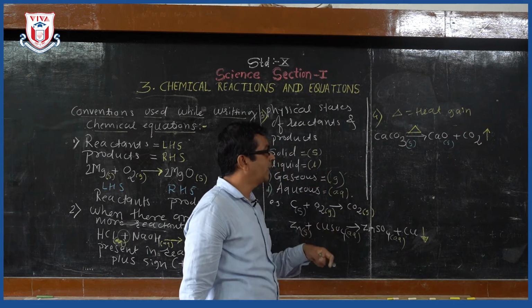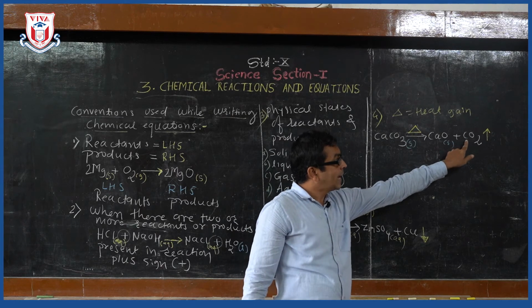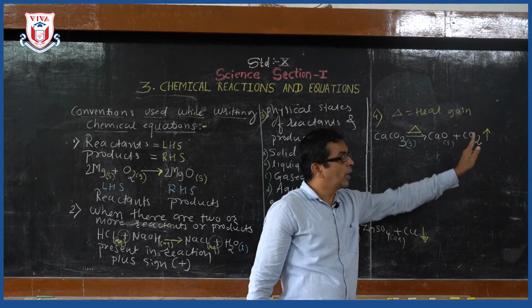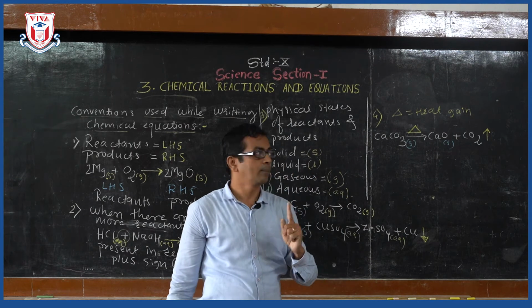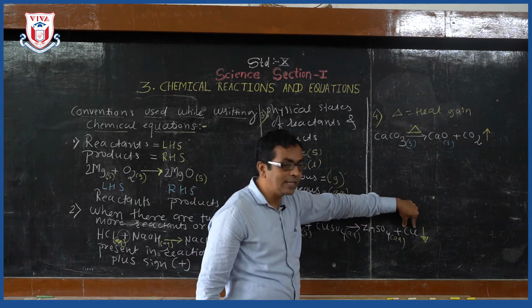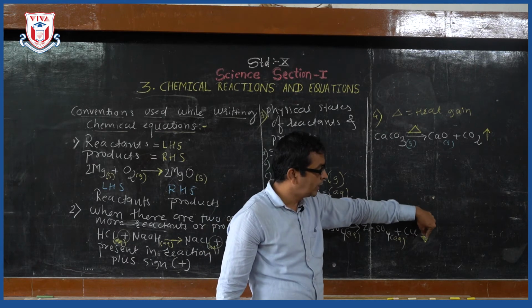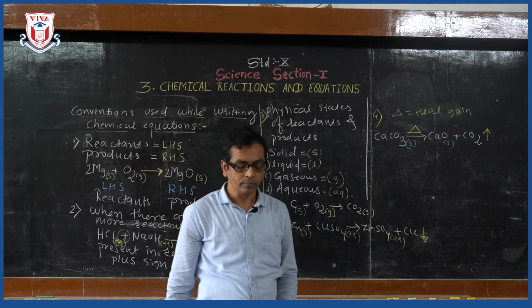When the heat is supplied, you have to write a triangle. When gas is released in a product, you have to show the upward arrow, and when a solid is formed in the product, you have to show the downward arrow.